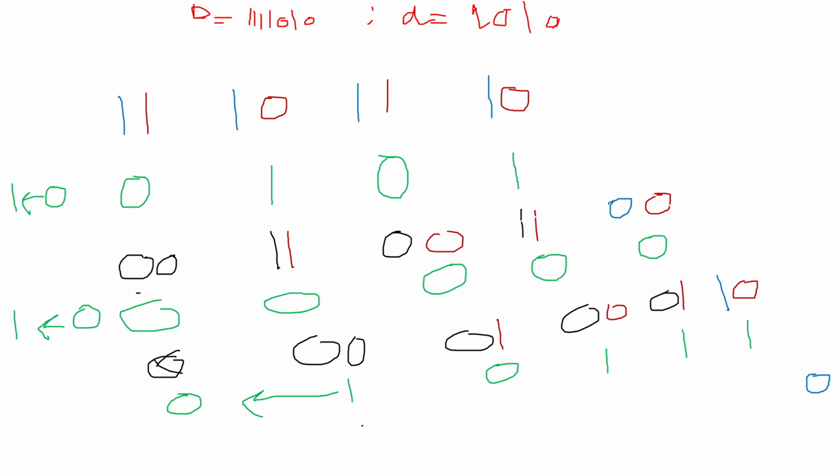So this is 0, 0, 0, 0 and 1, and here I will have another 0.